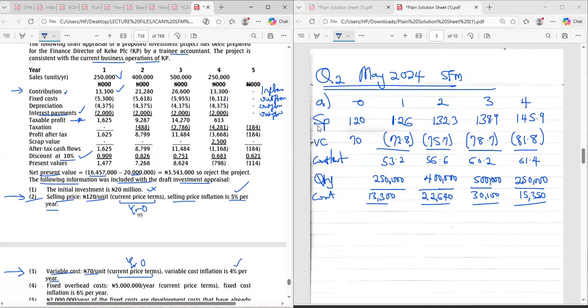Full stop. Only year 1 contribution is correct. The rest are wrong.